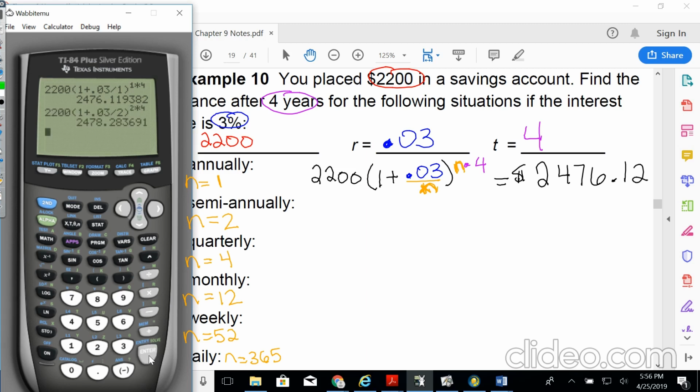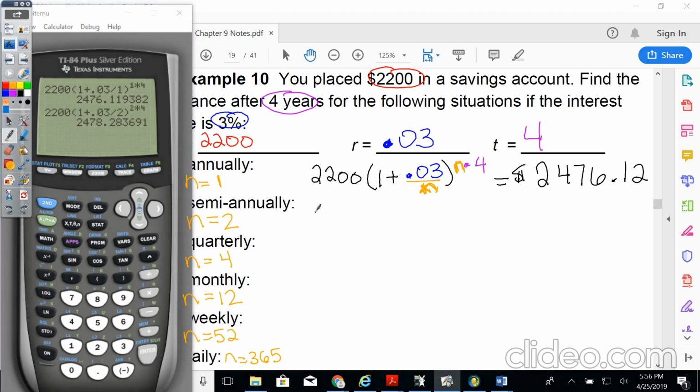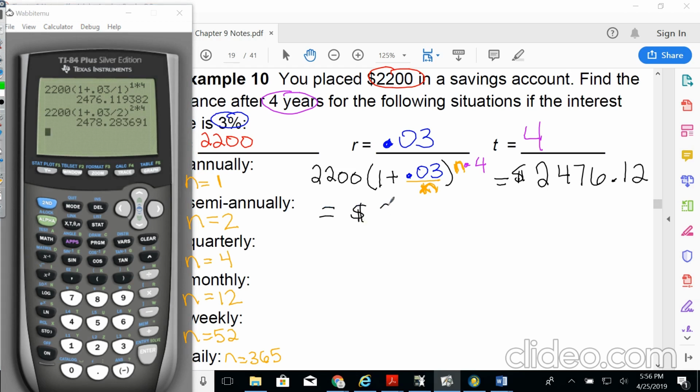For semi-annually, we'll make a little bit more. So here, for the semi-annually one, we get $2,478.28. So you go through all of these slowly. They'll go up, go up, go up. But as you get to the end, it's going to be pretty much the same, with like 7 cents difference.